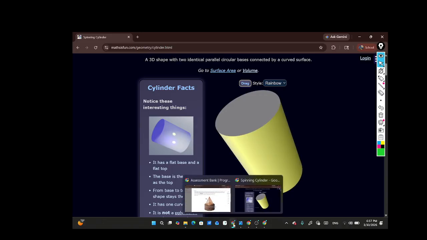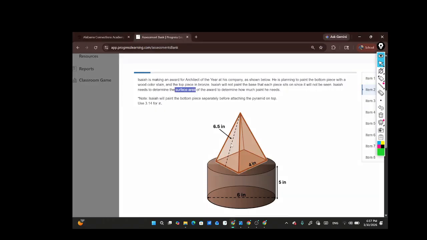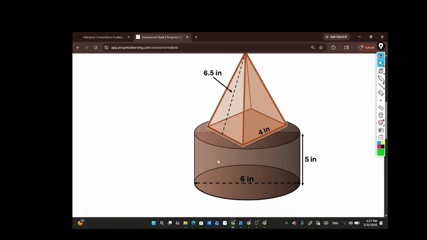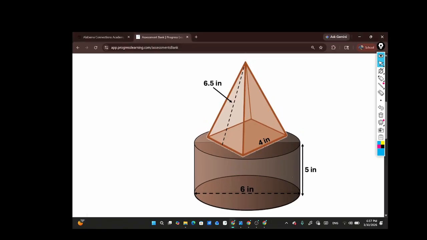Going back now to the question, for the bottom shape, if we want to find the surface area, we don't need to calculate the area of the base at the bottom. I'm talking about this one, because the question told me so.